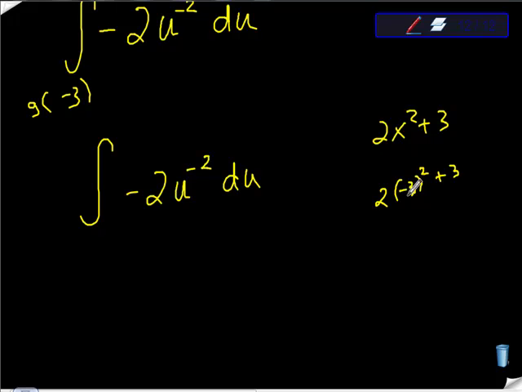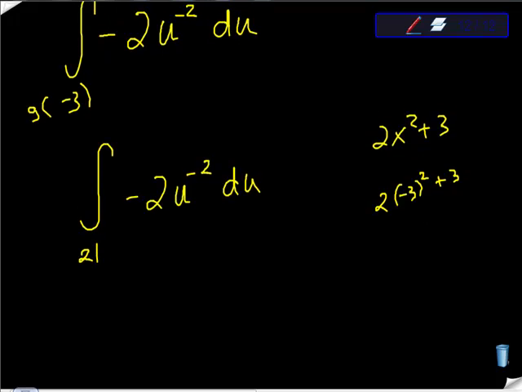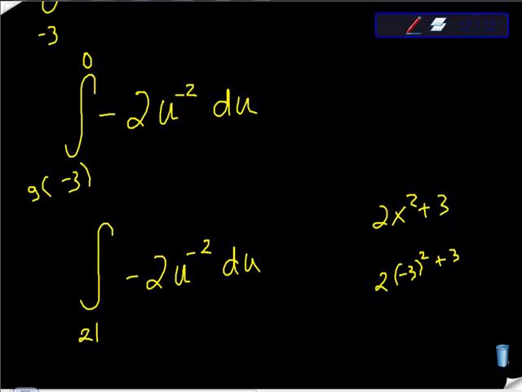Negative 3 squared is 9. 2 times 9 is 18, so 21, right? So 21 here. And at the top, we'll have g of 0, which will be 2 times 0 squared plus 3, which is 3, isn't it?